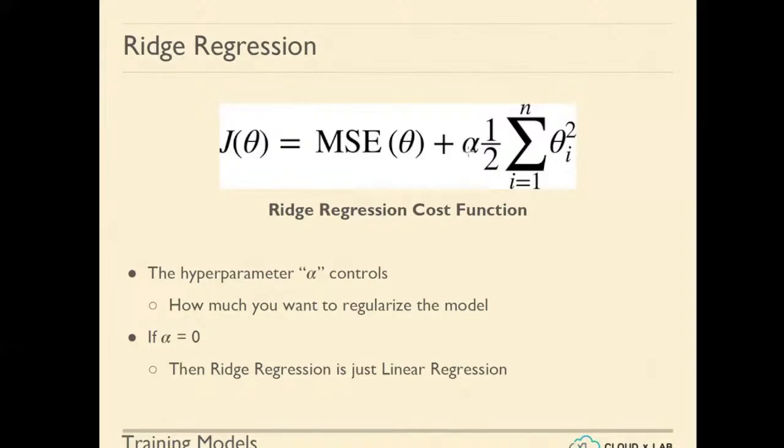If alpha is zero, you are only focusing on the first part, the MSE loss, which means you are optimizing an unregularized loss. So this becomes simple linear regression. If alpha value is very high, you are focusing more on the second term, because we want the overall MSE plus alpha times regularization to be as low as possible, right?